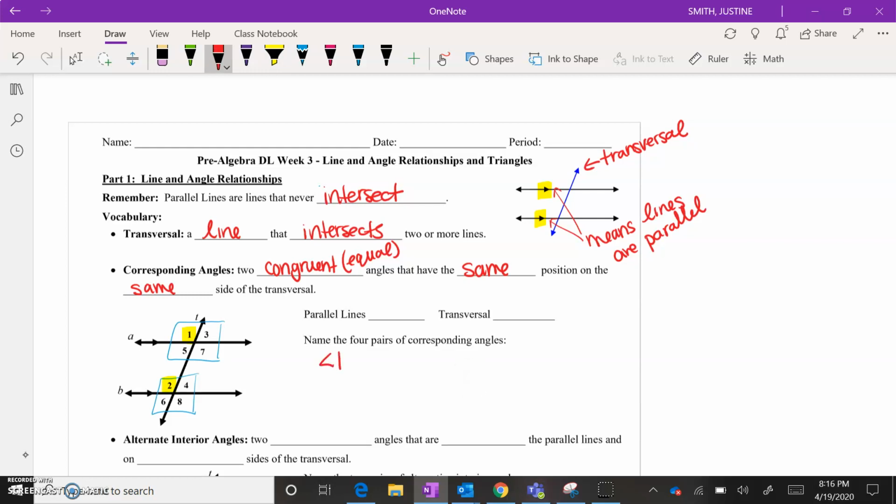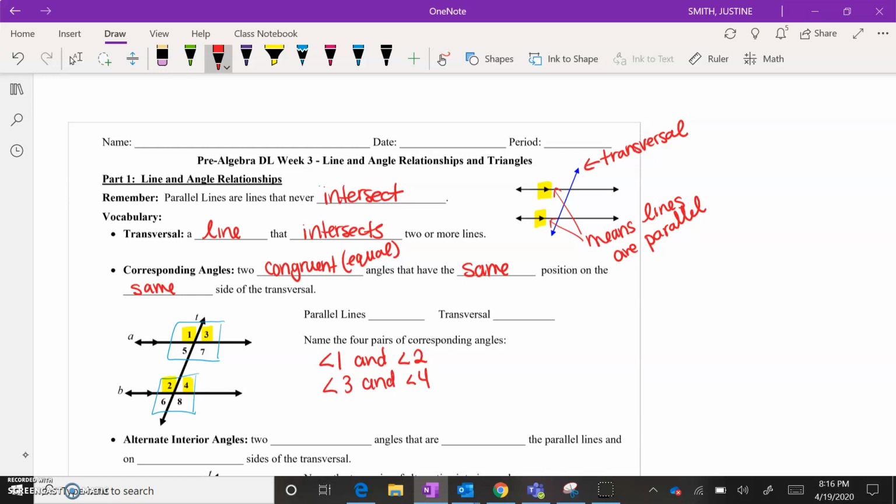Okay, so angle 1 and angle 2 are a pair of corresponding angles. So same sort of thing here. I'm going to look at angle 3 in the upper right. So now in the bottom four angles, angle 3 would correspond with angle 4. So angle 3 and angle 4 would be corresponding angles.